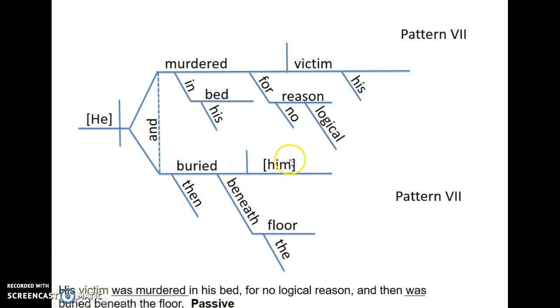So we're going to stick him, the pronoun him, in there to refer back to victim. So he buried him, subject, action verb, direct object. Beneath the floor is where, an adverb question, and then is also answering the question of when, which is an adverb question. So both of these are pattern 7s with he, action verbs, and direct objects.